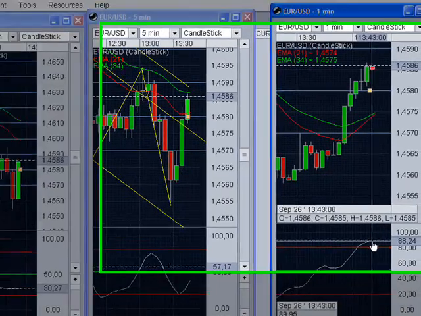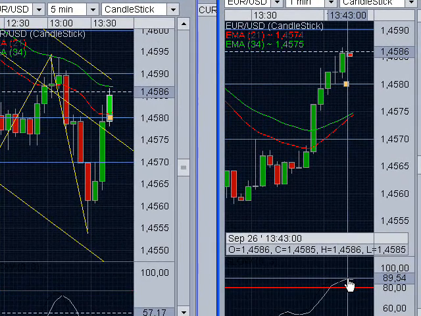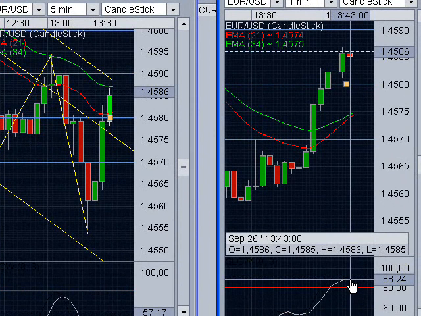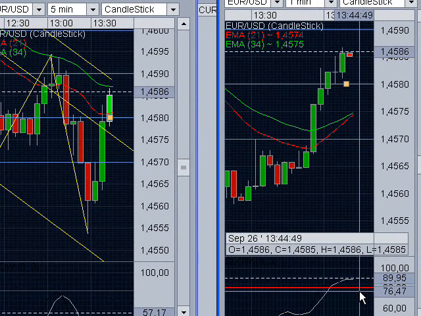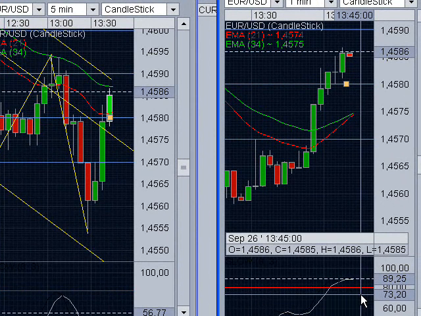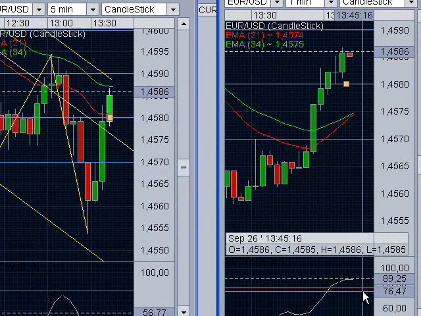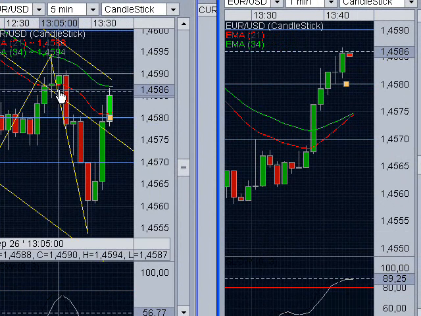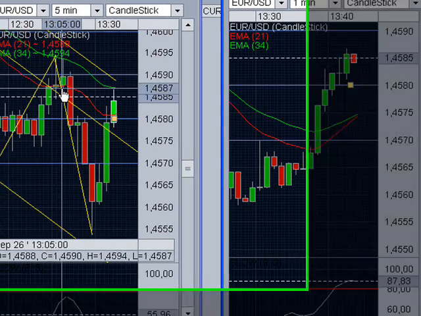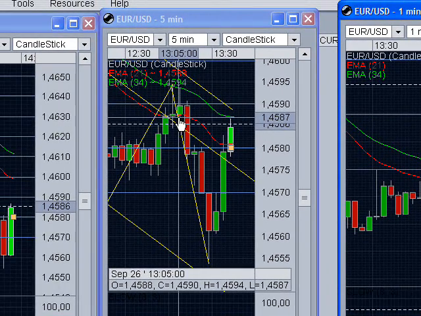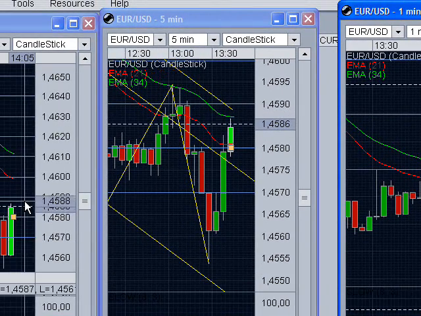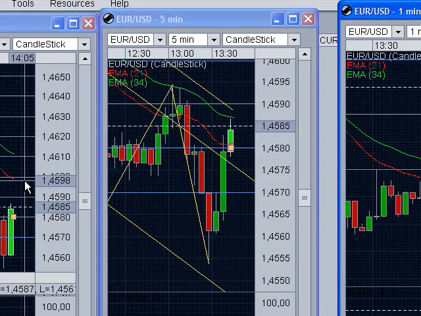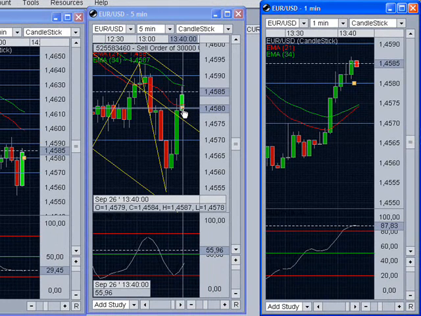Let's see what the stochastic on the 1 minute is doing. It did not turn yet, but we hope that it will turn and meet our price under the 80 level. Of course, price could go to 146, 147, but this is not a problem for us.